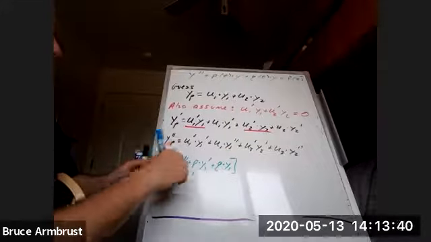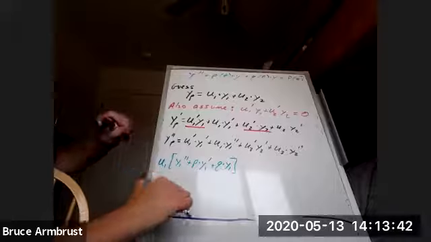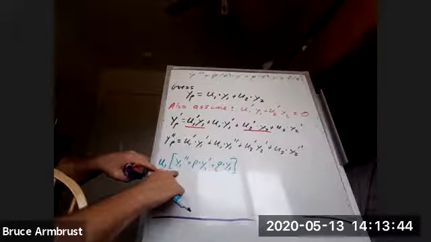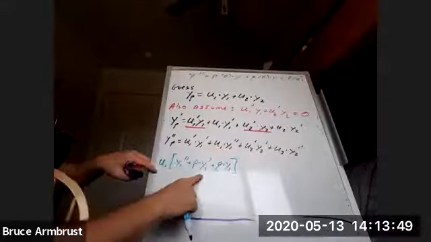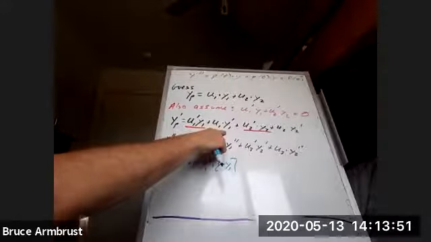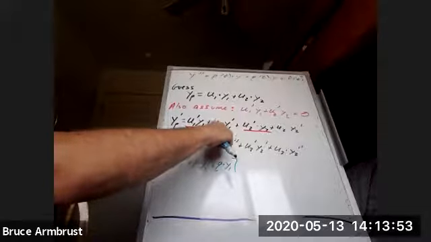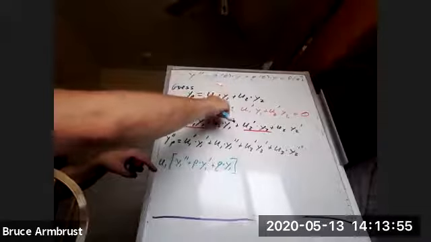I'll even show you where all those come from. So the u1 y1 double prime is right here. The p times y1 prime comes from right here. And the q times y1 comes from this piece right there.